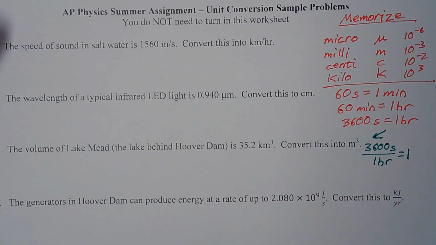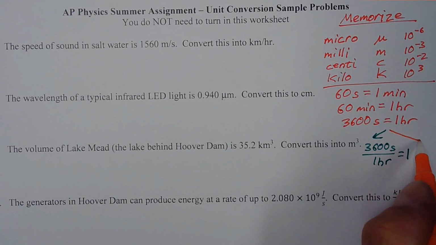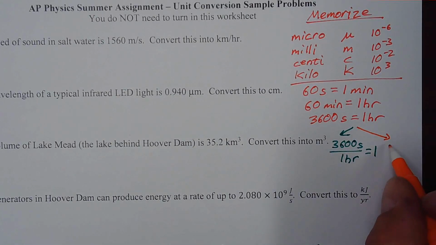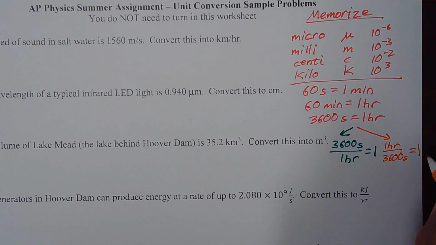The other thing you can do is divide both sides by 3,600 seconds. You backtrack to here, divide both sides by 3,600 seconds, and you get the alternative conversion factor: 1 hour on top and 3,600 seconds on the bottom is also equal to 1.